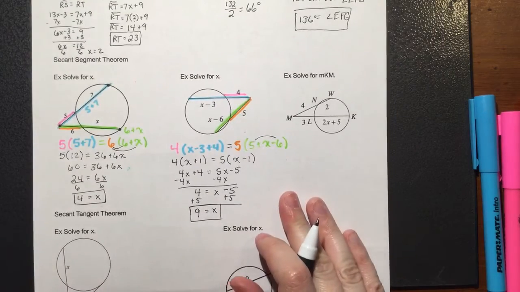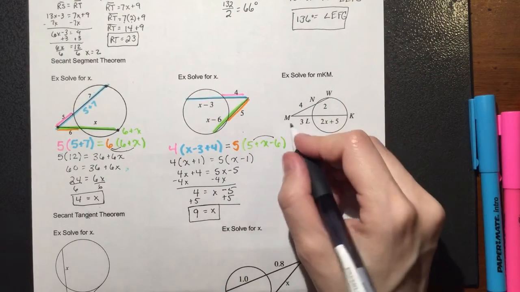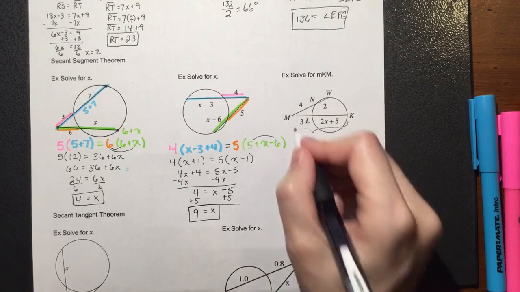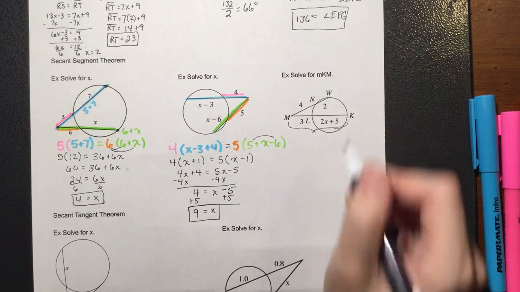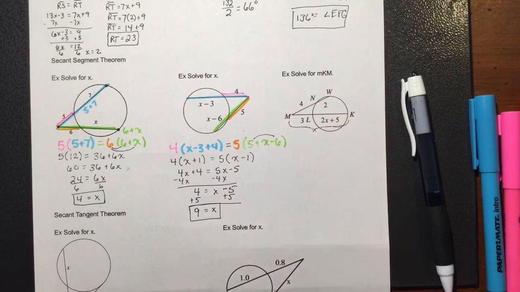Alrighty, looking at the last one. They want us to solve for the measure of KM. So I'm going to outline that one just to help remind me at the end that we need to be doing that one. So again, we have two secants.